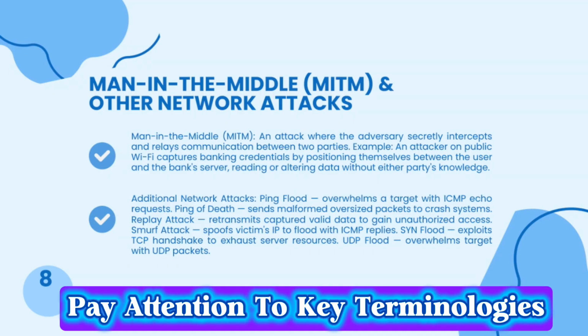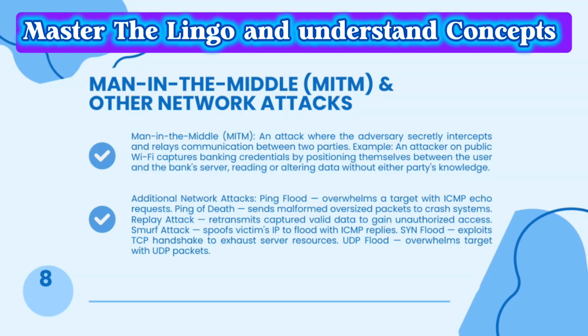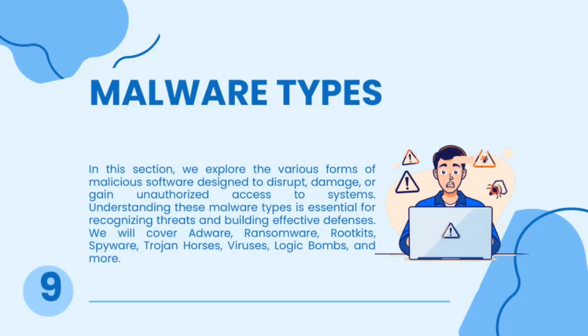SYN floods exploit the TCP handshake to drain server resources, and UDP floods bombard targets with UDP packets. Then there's the man-in-the-middle attack, where an attacker secretly intercepts communication between two parties, like stealing banking info over public Wi-Fi without anyone realizing.